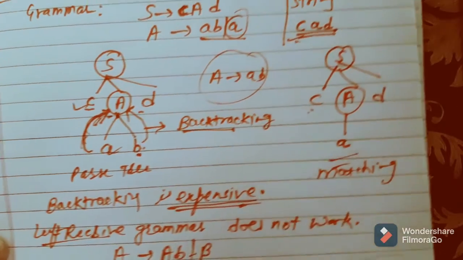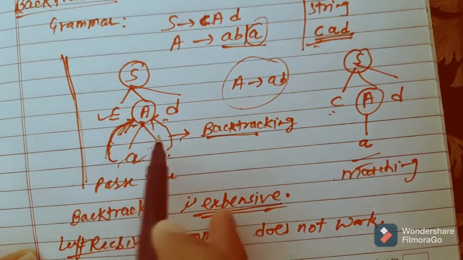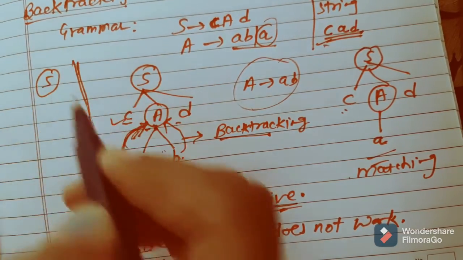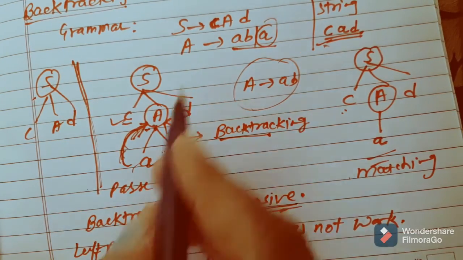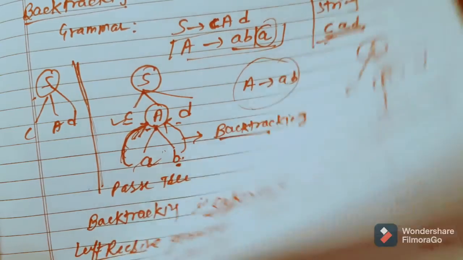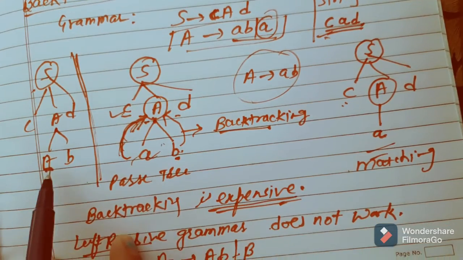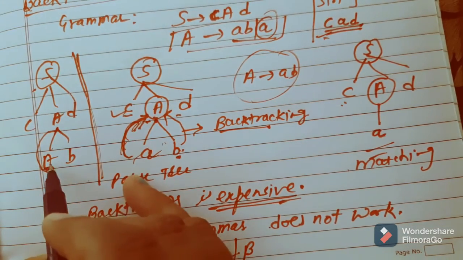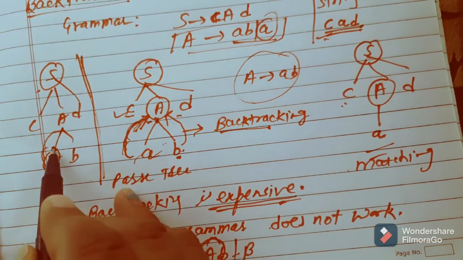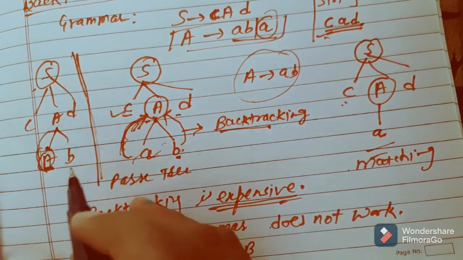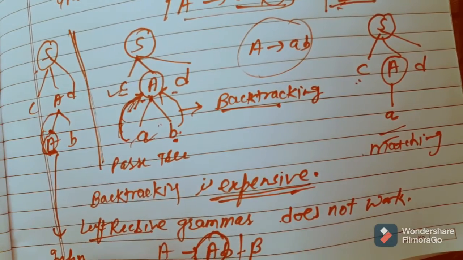Suppose this production is given in place of this and I am going for this. Again A will be found, and again A will be found. After replacing, the parser will go for the A, and after that again for the A. So the parser will get stuck in an infinite loop.